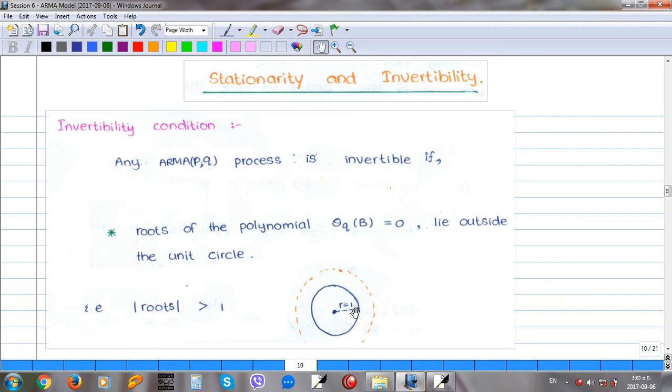Unit circle means radius r equals 1. So if the roots are outside the circle, it means it is invertible. Theta q(B) is the moving average part, set equal to 0. We will see how to find these using examples.